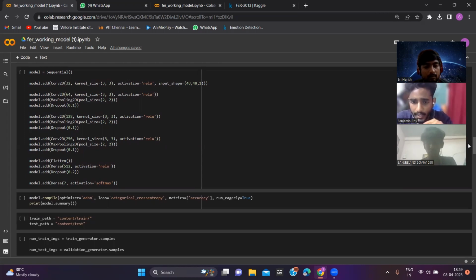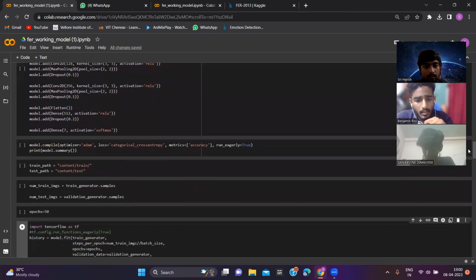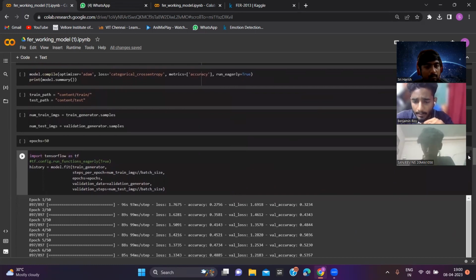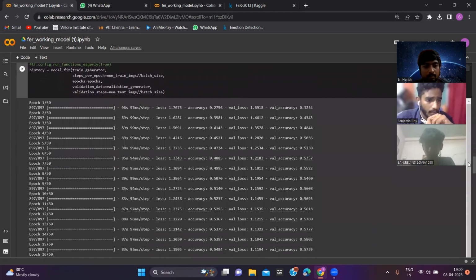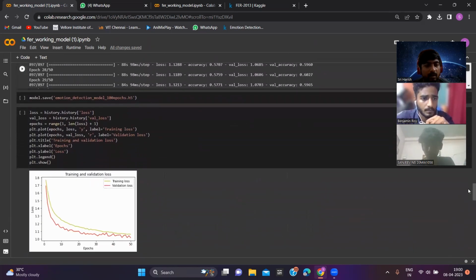The final fully connected layer has 7 units with a softmax activation, corresponding to the 7 possible emotions. The model is compiled with categorical cross entropy loss and the Adam optimizer, and trained for 50 epochs with a batch size of 64. Now it will be explained by Sri Harish.